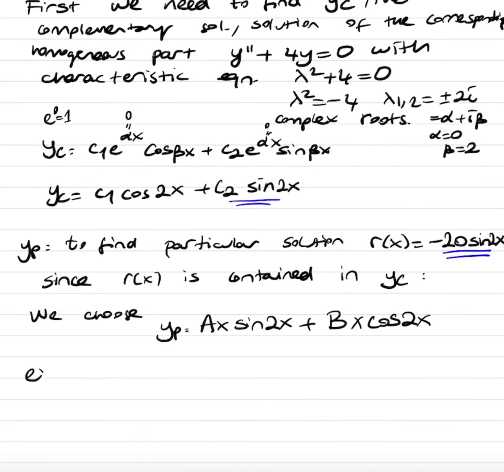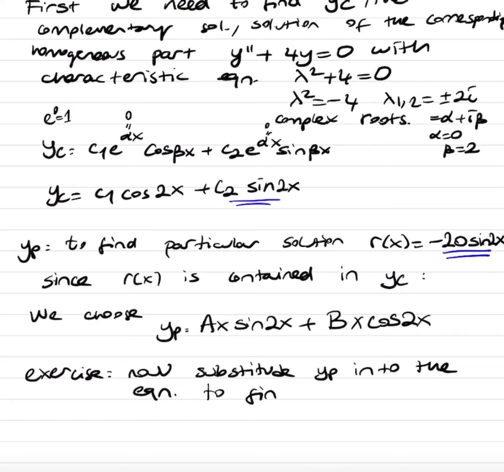Now it is an exercise. Substitute y particular into the equation to find a and b, because we know the particular solution does not contain arbitrary constants. It is just some computations, I think you can do it.